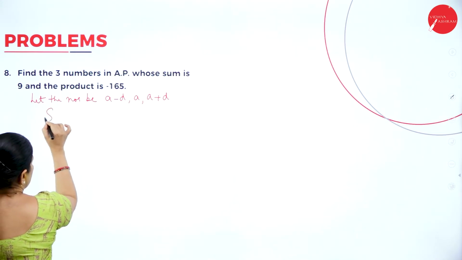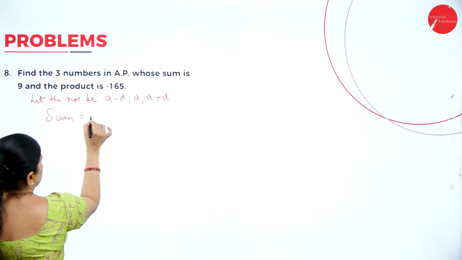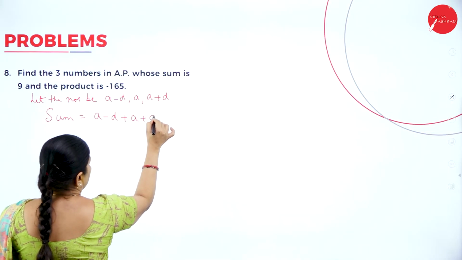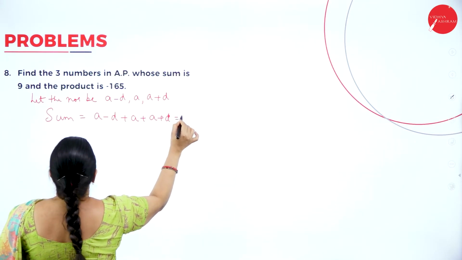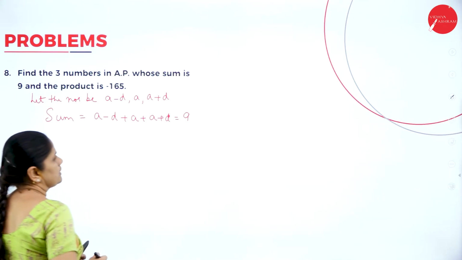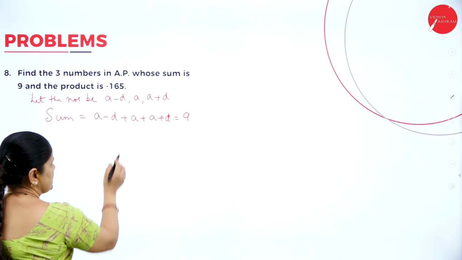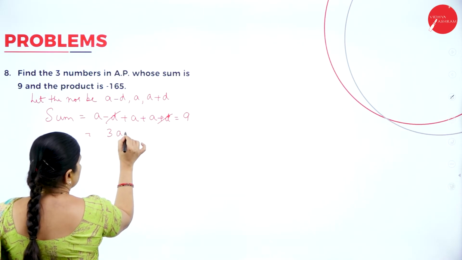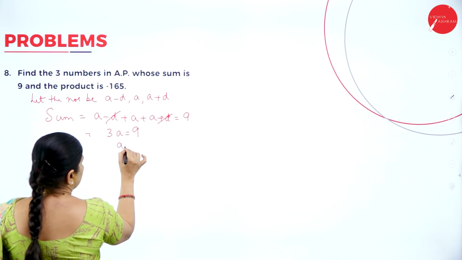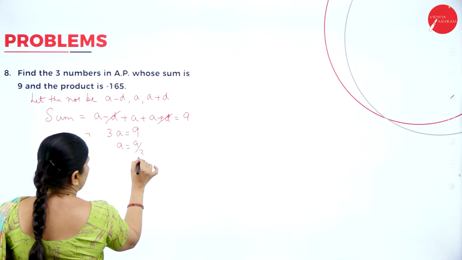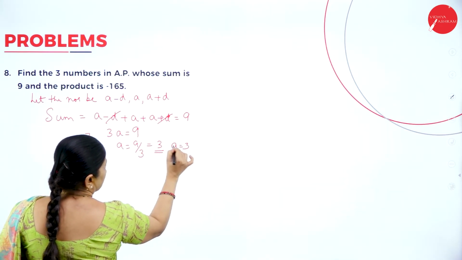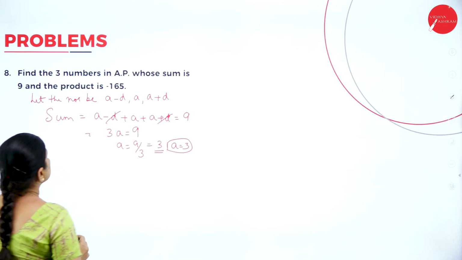So, given sum equals A minus D plus A plus D equals 9. When we simplify this, D and D get cancelled. 3A equals 9, A equals 9 by 3, that is 3, so A equals 3 is the answer.